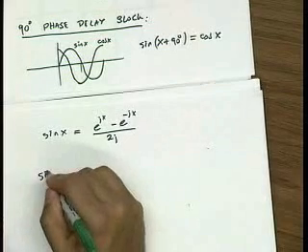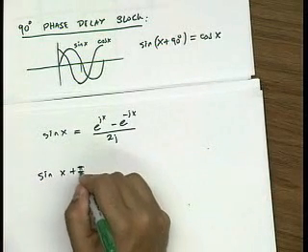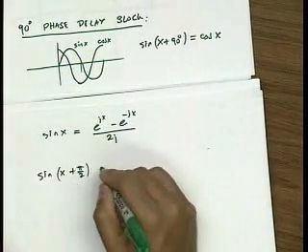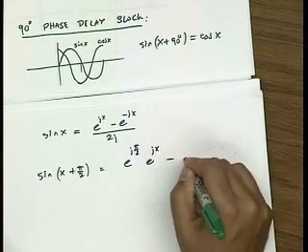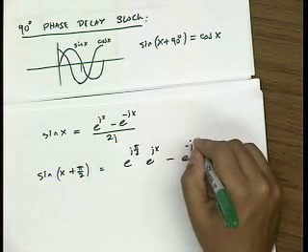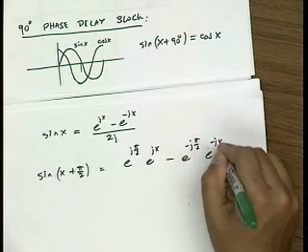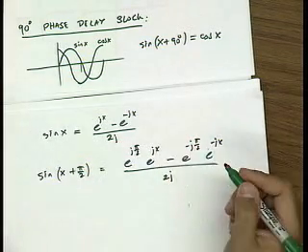And now let me introduce my phase shift of pi over 2, or 90 degrees. So that gives me e to the j pi over 2, e to the jx, minus e to the minus j pi over 2, e to the minus jx, divided by 2j.